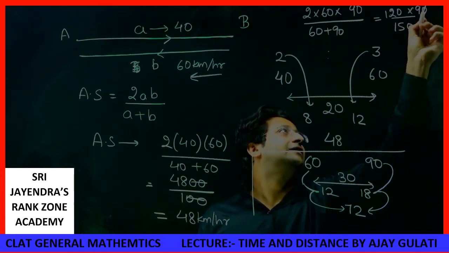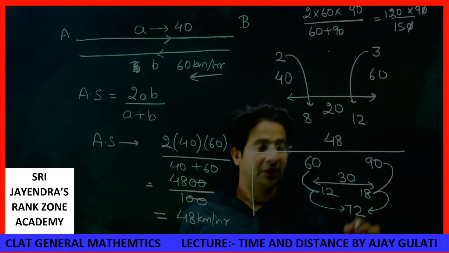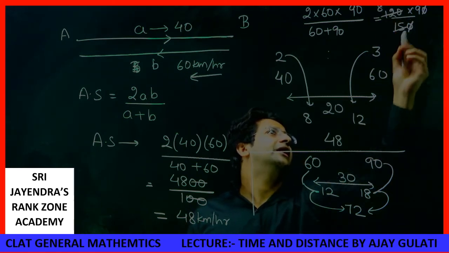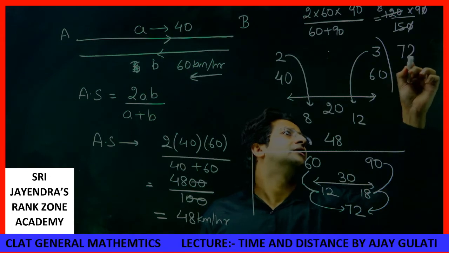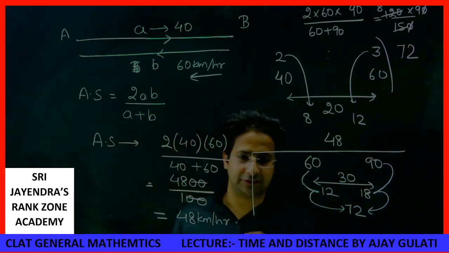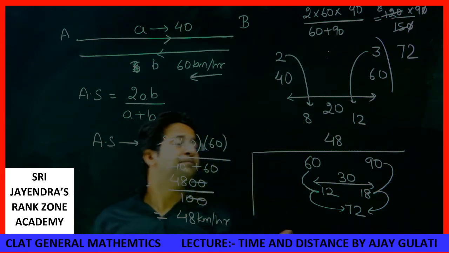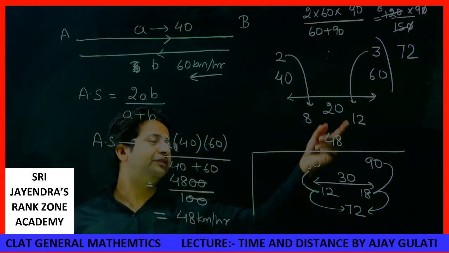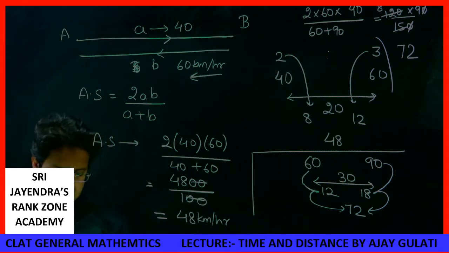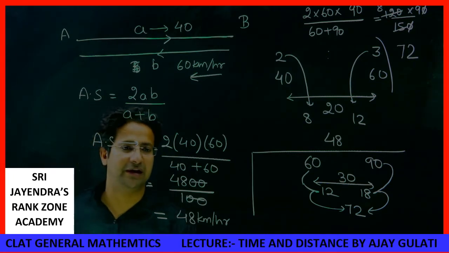Okay, I cancel this 0 with 0. If I cancel this 15 with 120, I'll get 8. 8 into 9 gives me 72. I hope all this is clear to everyone. It makes sense. I'll show you a question on similar lines which has been asked in your CLAT exam, and now I'll be starting with a few questions which have been asked in your CLAT exam.